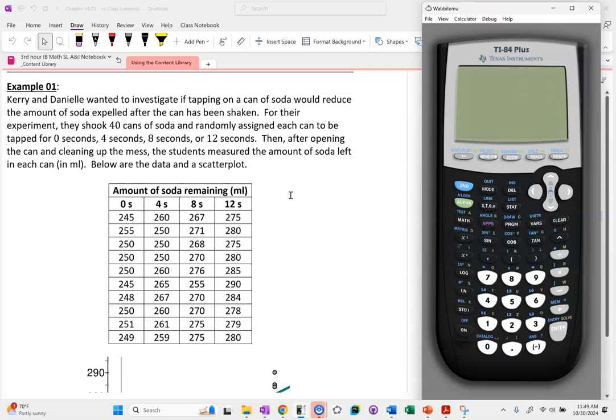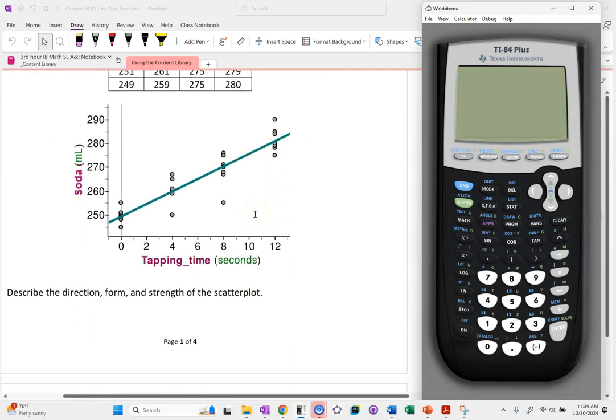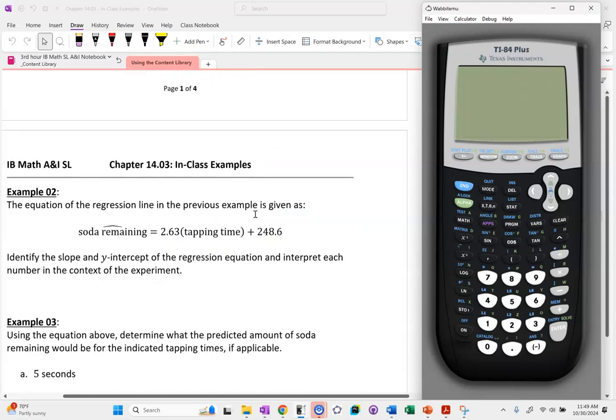So basically, for every additional 2.60 seconds spent tapping, there is an additional milliliter of soda as well. You got it reversed.